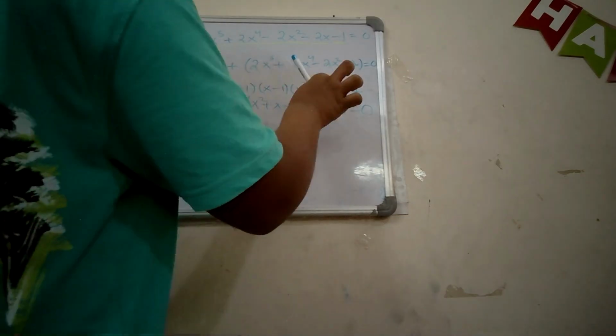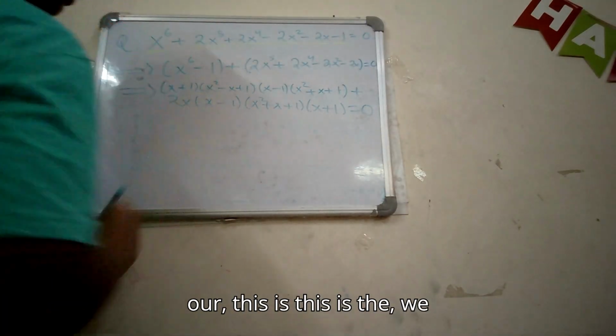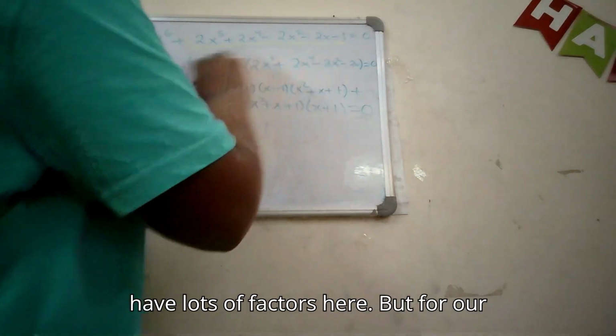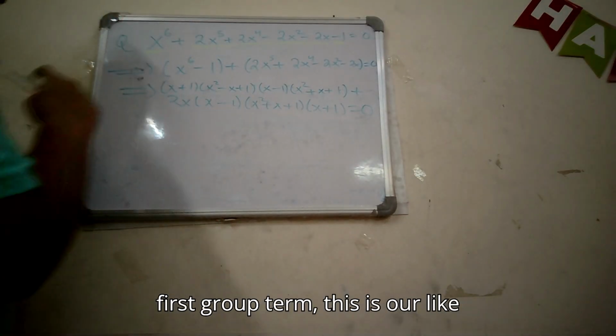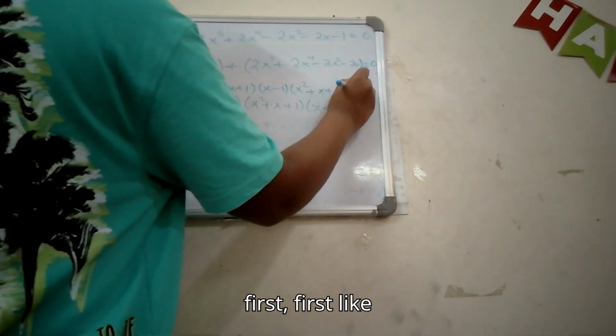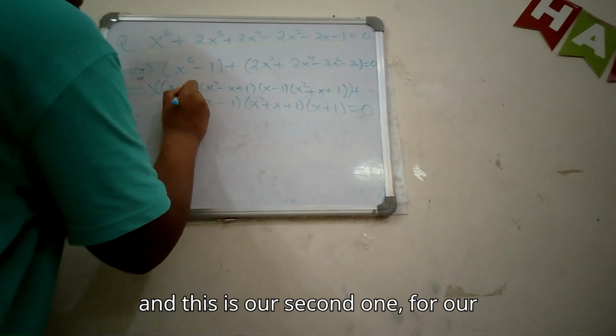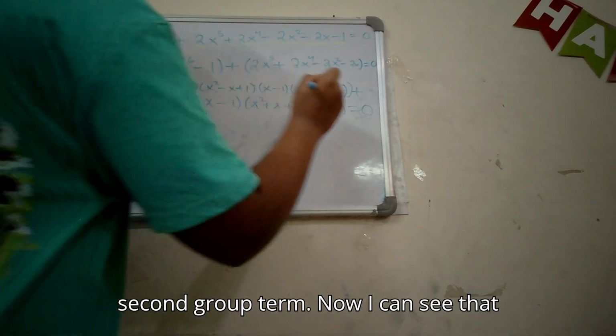This is our first factored term. We have lots of factors here, but for the first group term, this is our first factorization, and this is our second one for our second group term.